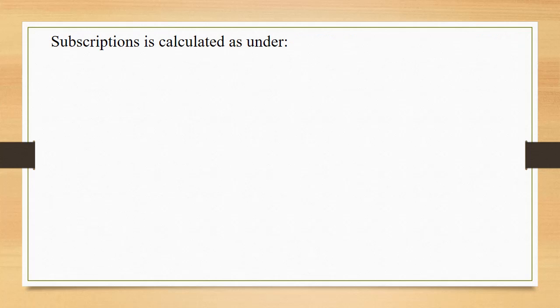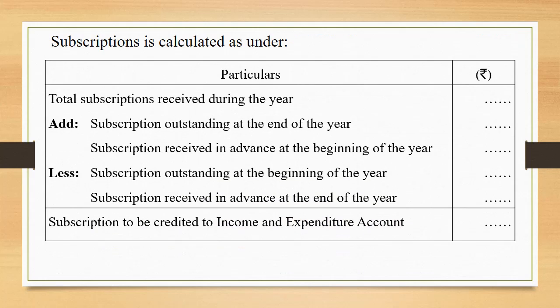How do we calculate subscriptions? This is a format which we need to prepare on the credit side of income and expenditure account. You need to start with the total subscriptions received during the year. In that, we need to add the subscriptions outstanding at the end of the current year and subscriptions received in advance at the beginning of the year.